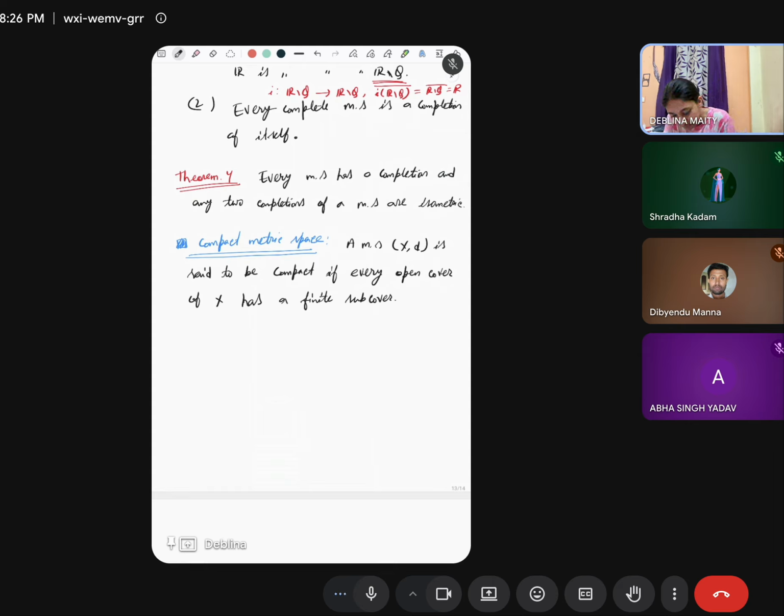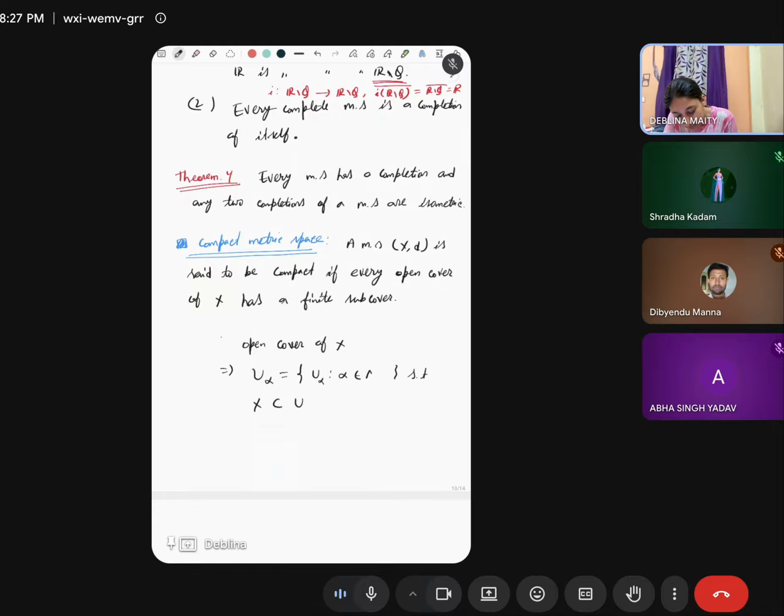So open cover of X means a collection, suppose U alpha is a collection of open sets, where alpha belongs to Lambda, such that X is contained in the union of the U alpha.